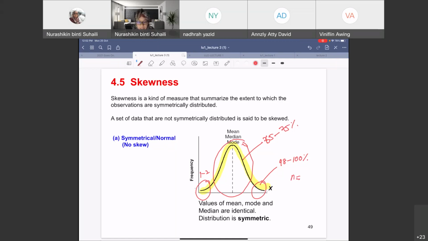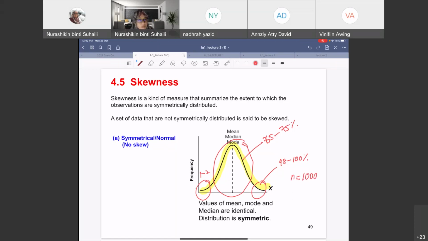Let's say the n is 1,000 people. Based on the observation of 1,000 people, the average will sit in the middle and it will follow the bell curve shape. Yeah, okay. So that is one fact that you have to know in statistics.